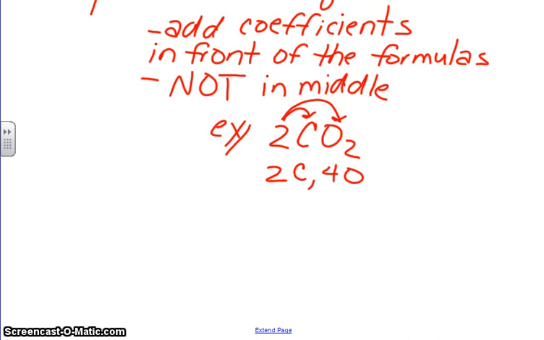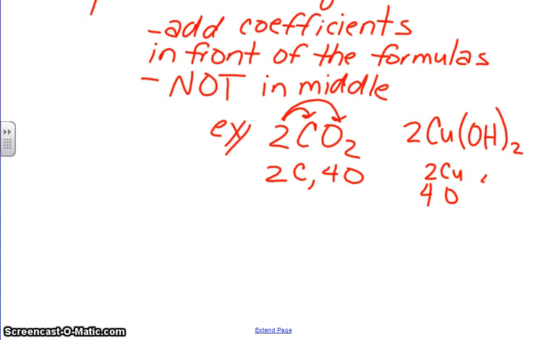What about if we had the formula copper 2 hydroxide, and we had 2 of those? We would have how many coppers? 2. Okay. How many oxygens? 4. Okay. So we have 2 times 2, so 4 oxygens. And how many hydrogens? 4. Okay. Good. So you have to use this first and then distribute again.